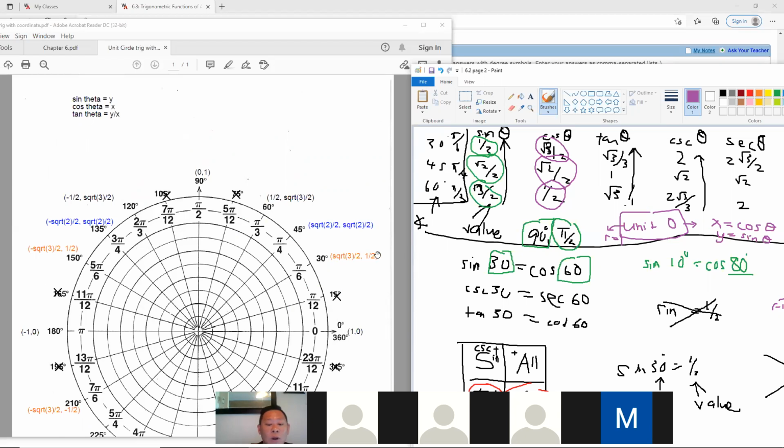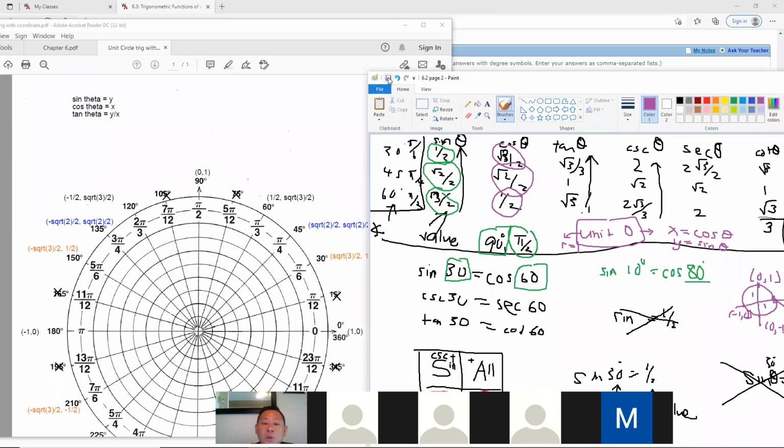So in order to find the value for tangent, you just take the y value divided by the x value. Then you will get your tangent theta. If you want to find the cosecant, secant, and cotangent, you just need to reciprocate it, just flip-flop it, and you will get the cosecant, secant, and cotangent.